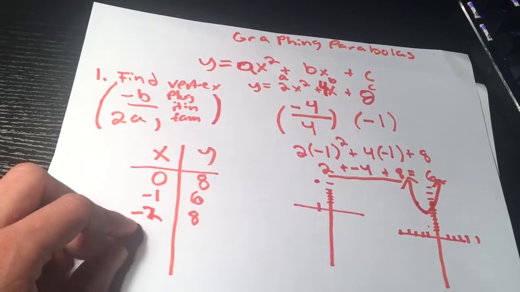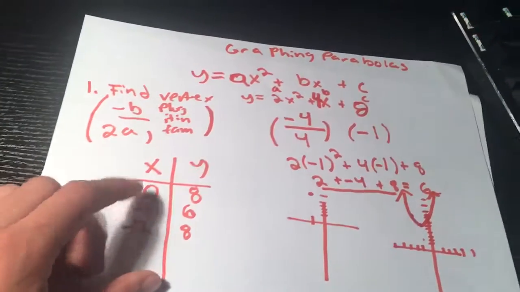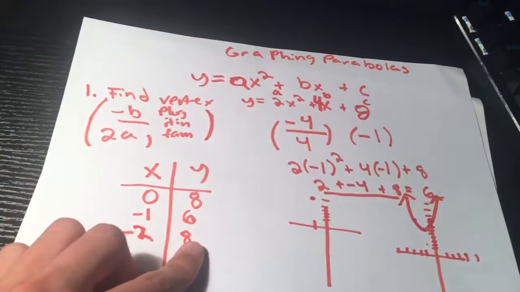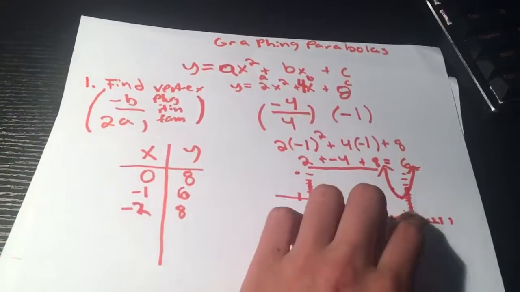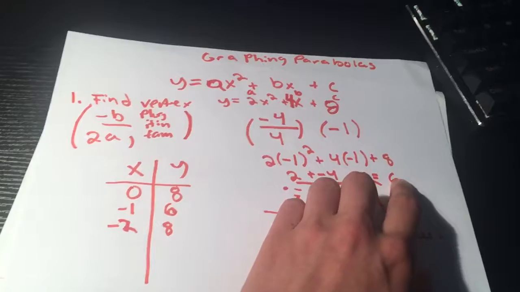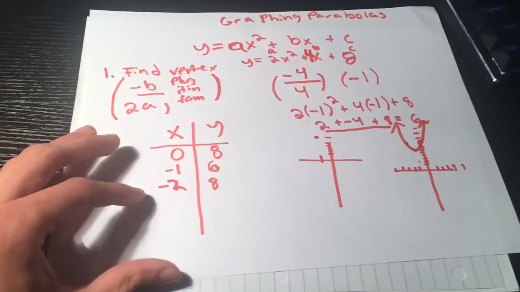Then you do it backwards: you subtract 1 on x and put in 8, because parabolas are symmetrical, so that's pretty easy. Then you get the general idea of what it's going to do and where. And that's how you find the parabola and graph it.